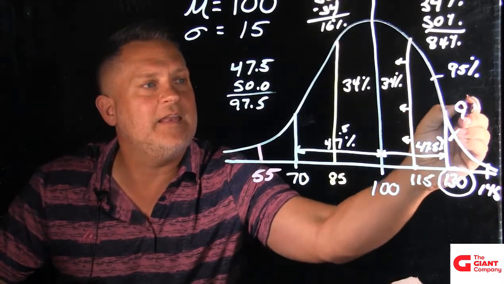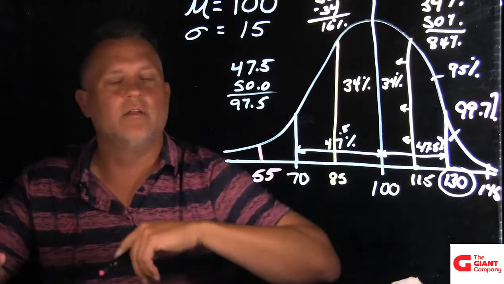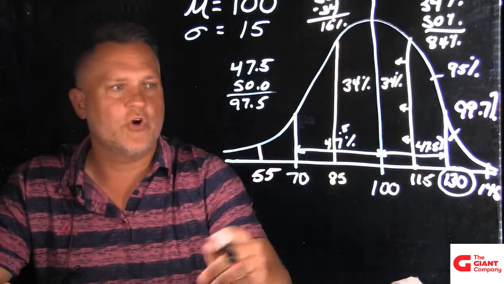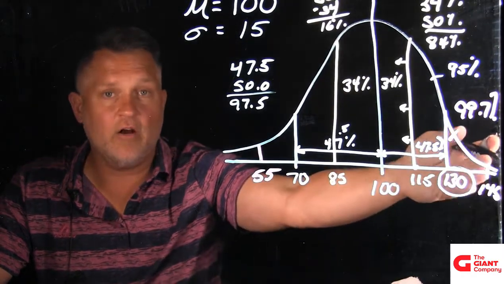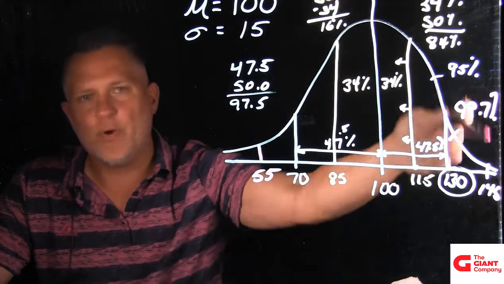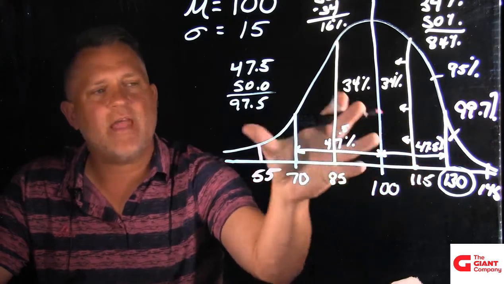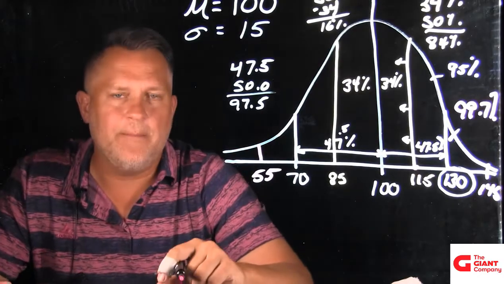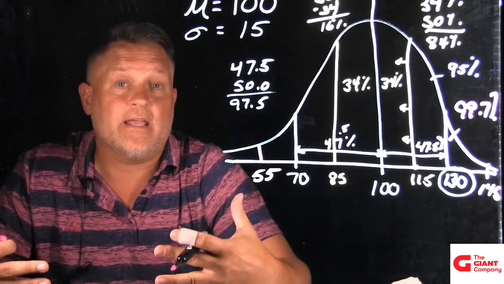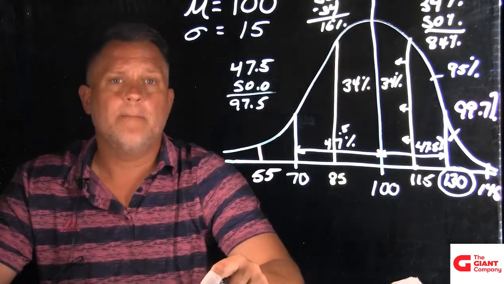That's 99.7% of all observations under the curve. So if I'm at 145, I break that 99.7 in half, add it to the 50% on this side of the curve, and I could tell you how many people I scored better than.